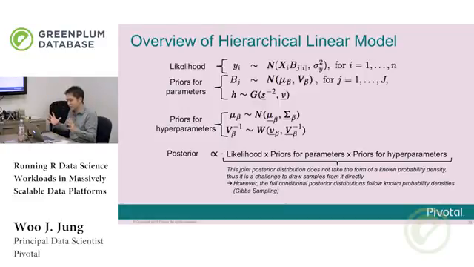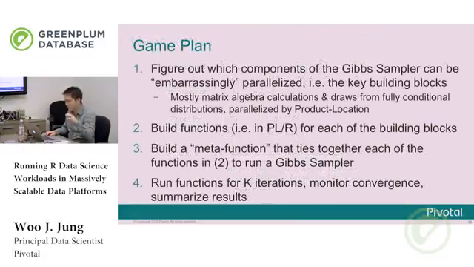Now that's a lot of mumbo jumbo that I've just walked through, but it's relevant for how we then come up with a game plan to parallelize this algorithm on Greenplum database using PLR.